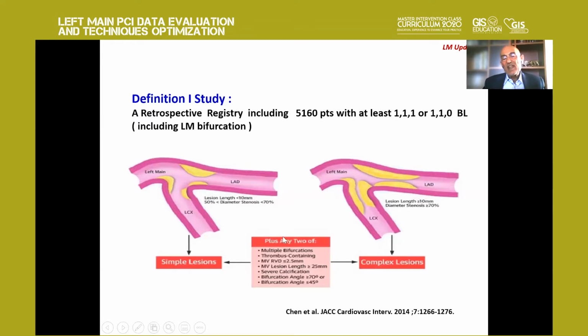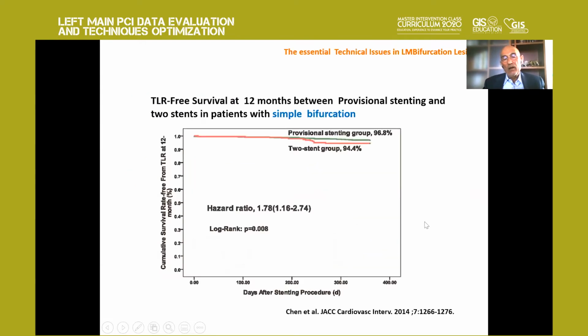So these are the minor criteria, but the major criteria is almost defined by the length of lesion on the side branch, that means more than 10 millimeters will be complex.